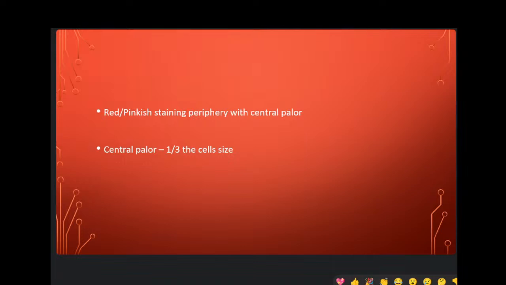Or pallor. Ang arte, pallor. Very California girl. Pallor, sir. Like I see a pallor on, there's a central pallor on the cell, and I think, if I'm not mistaken, it's 1/3 of the cell size, and that's normally what a mature RBC looks like.